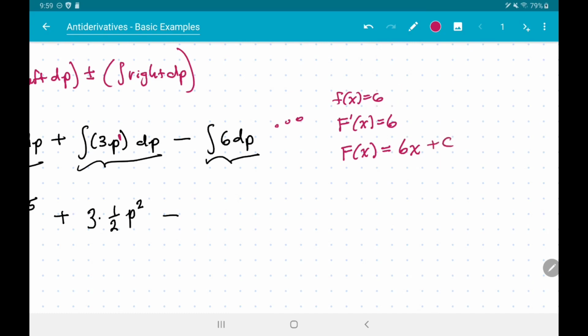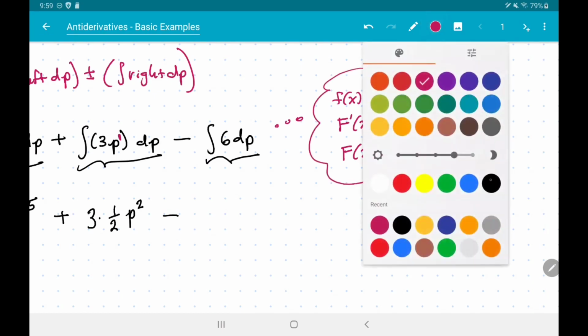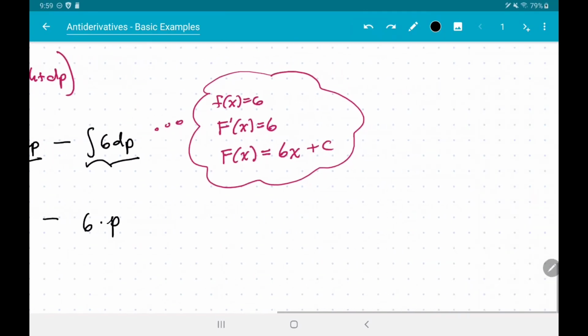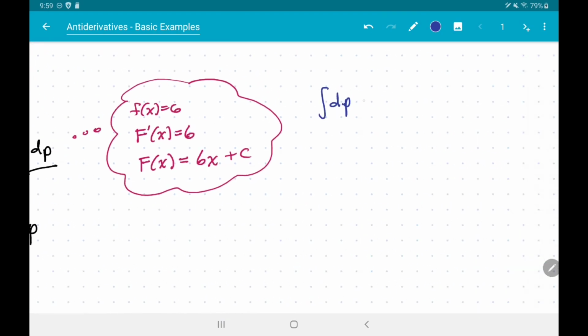Well, you could put in a plus c. So that means that over here, I keep the factor of 6, and I just have a p. So I have a linear term here whose derivative is that 6. Now, just because sometimes you'll see this in integral tables, if you see an integral sign with nothing there, and then the variable, that is meant to indicate that you have an integral of just 1.